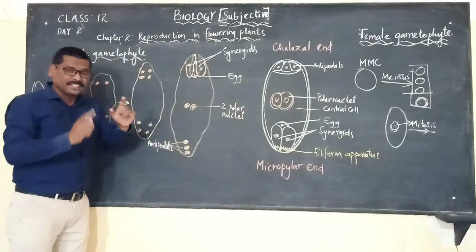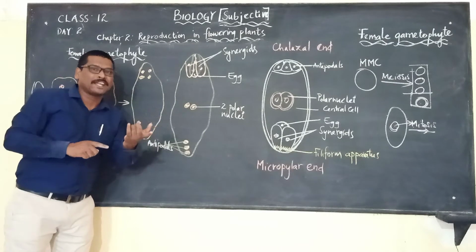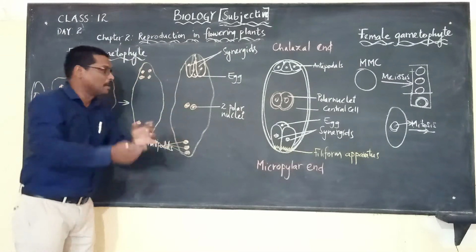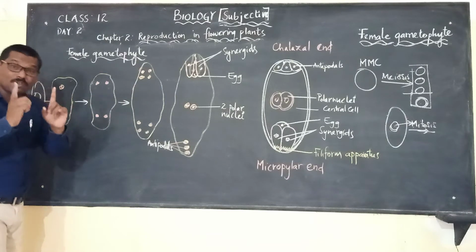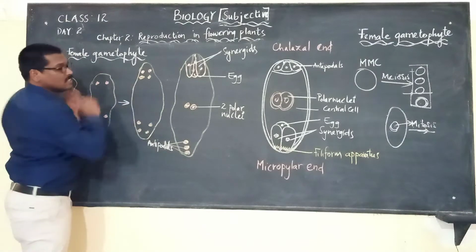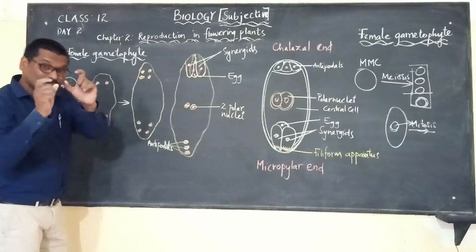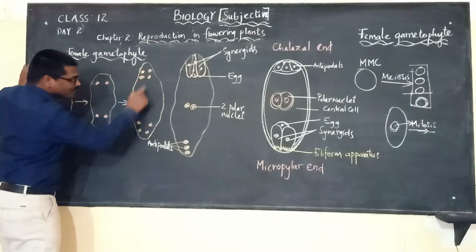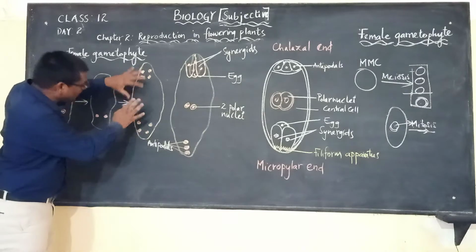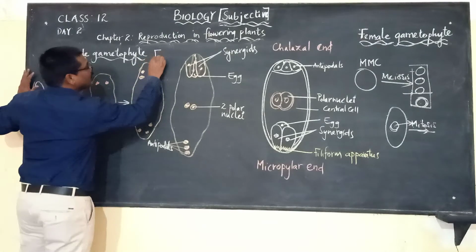Immediately right after nuclear division, what should take place? There will be cell wall formation. But here we do not see cell wall formation immediately after the nuclear division. A little later, the cell wall formation will take place. So whenever these nuclei are present freely, we call them free nuclei.